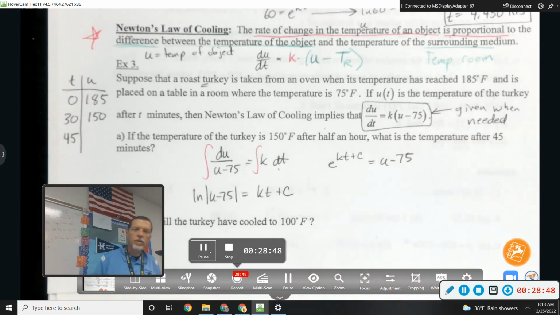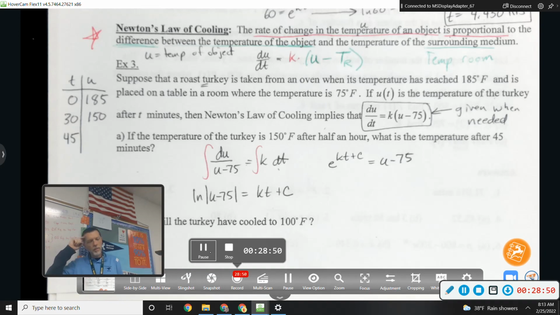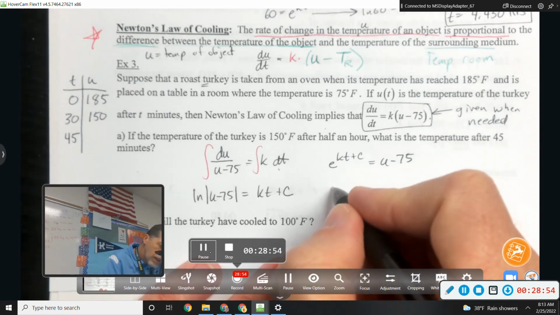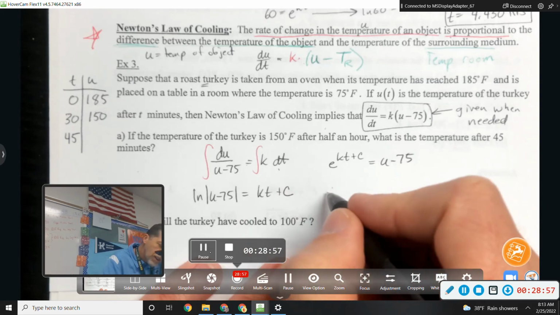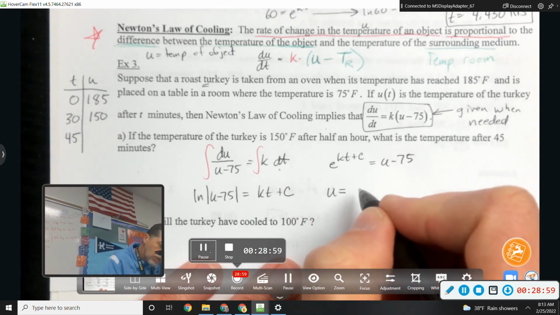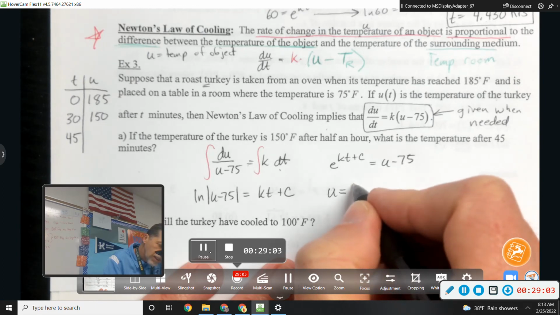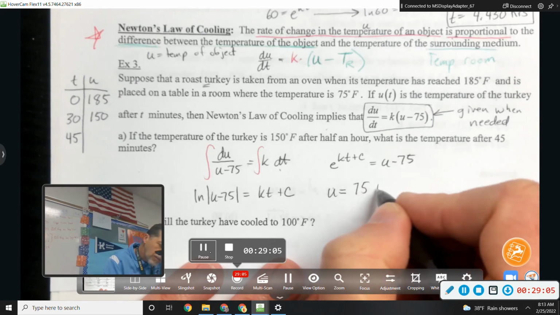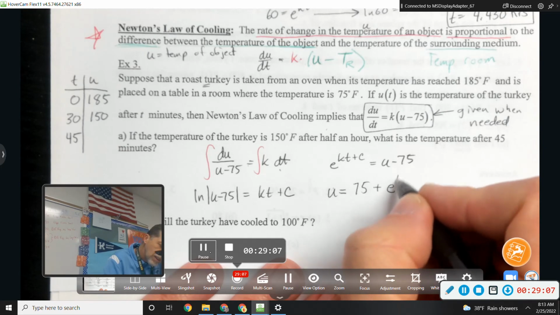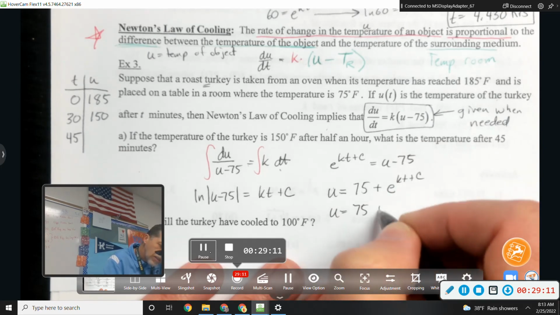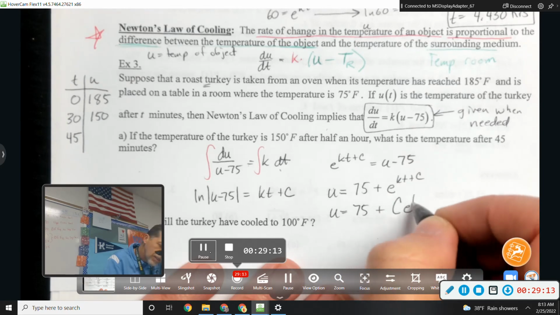So I do the e trick thing, or the fish hook. And so U equals, if I move things around, 75 plus e to the kt plus c, 75 plus c e to the kt.